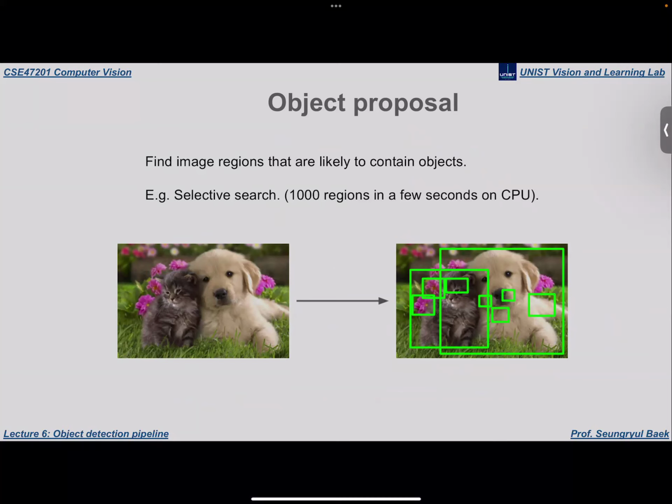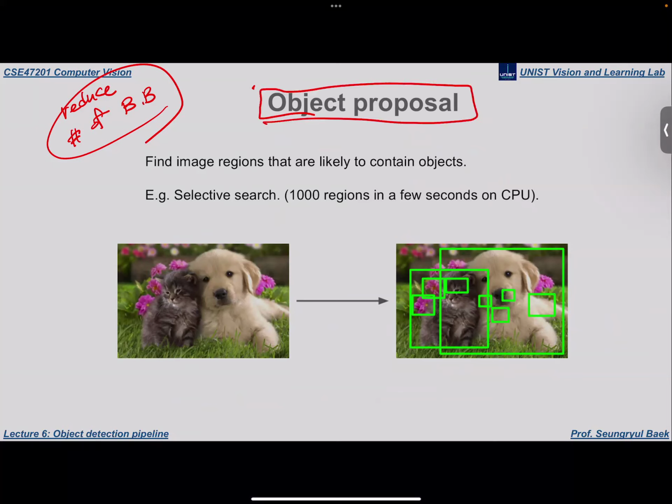So instead of that, they tried to reduce the number of bounding boxes. That was the first thing the computer vision researchers tried. They tried to make bounding boxes that are likely to contain objects. So they first tried to find image regions, rather than using a sliding window, that are likely to contain objects.